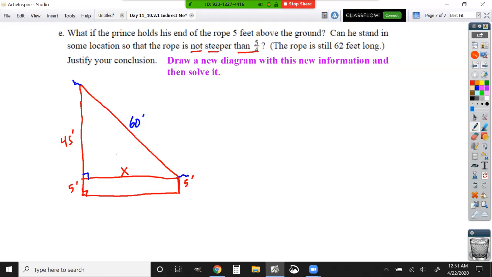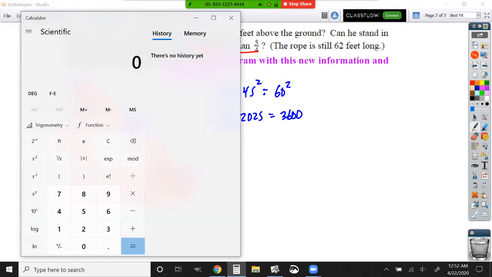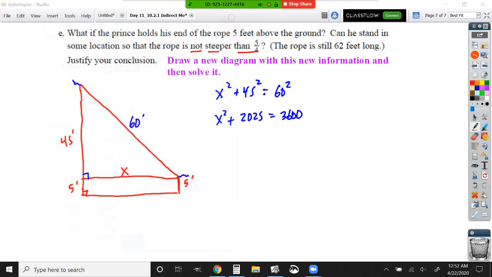So let's go back and do the Pythagorean theorem again. In this case, the x is a leg and the 60 is the hypotenuse. So we could say x squared plus 45 squared equals 60 squared. X squared plus, I think that's 2025 equals 3,600. I am going to double check my math. 45 squared, yep.